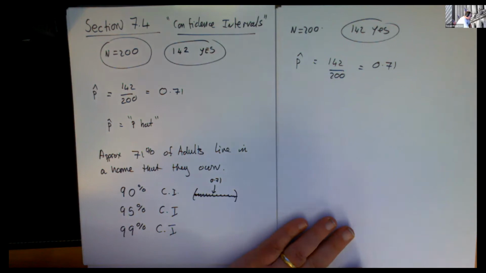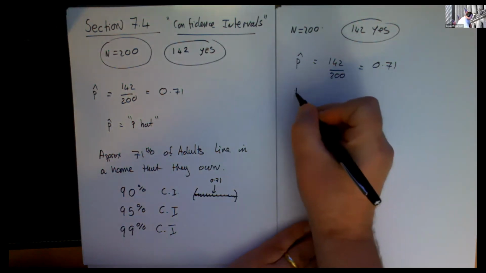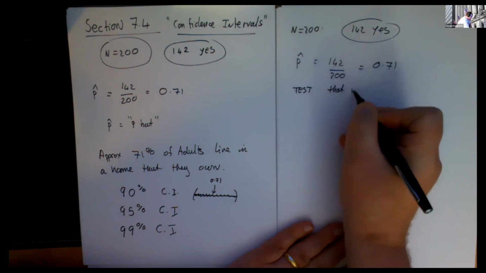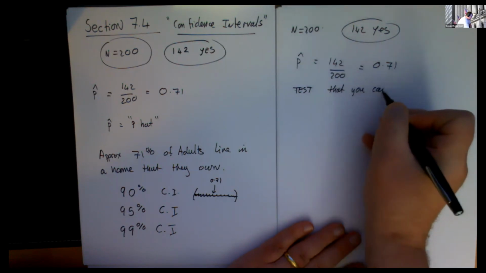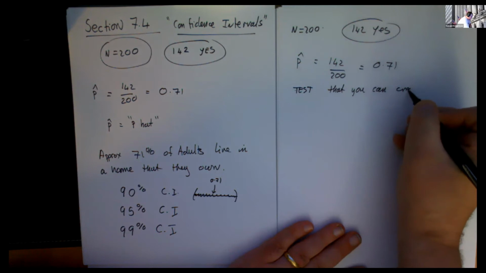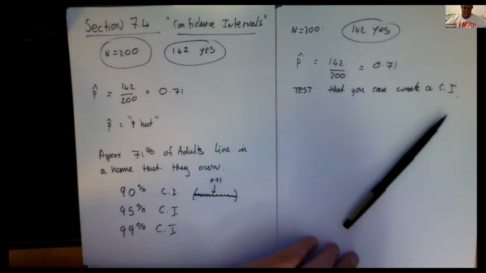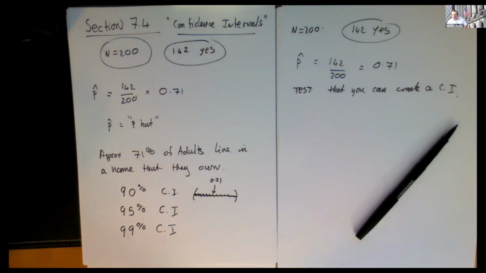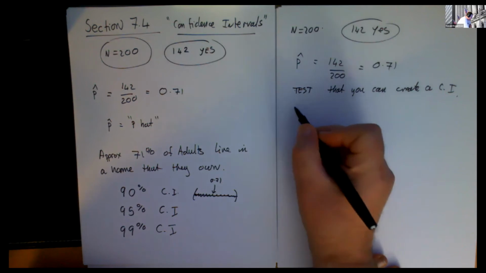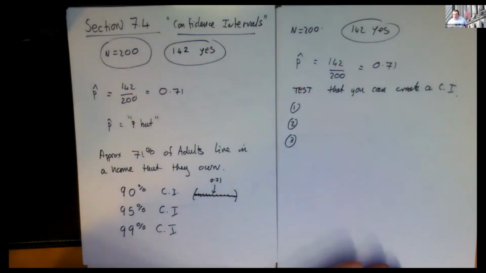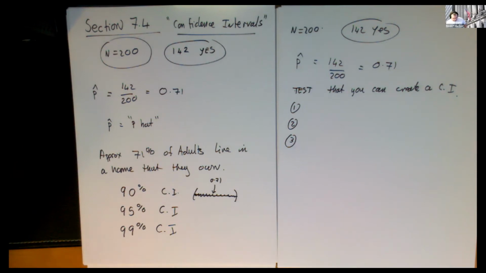So the first thing you do is you test that you can create a confidence interval. In other words, are you even allowed to do this process? Well, we ask 3 questions. And some of the homework starts with these 3 questions.